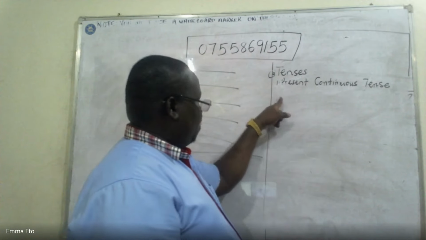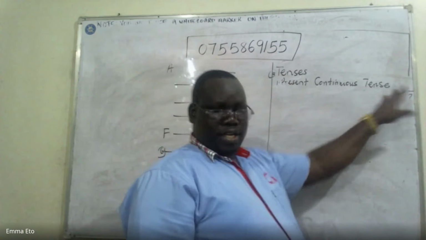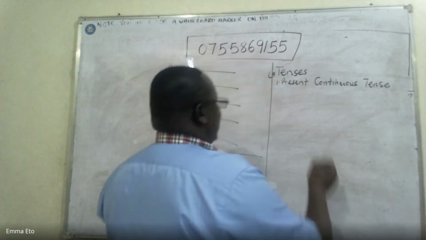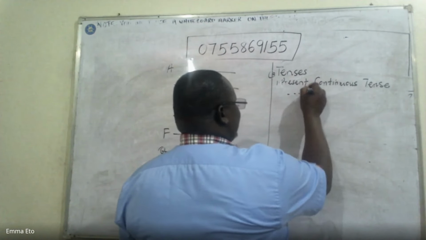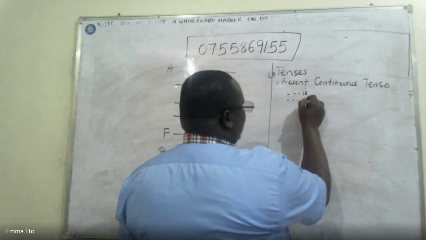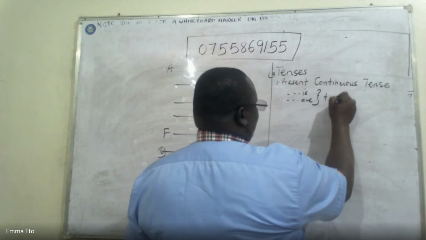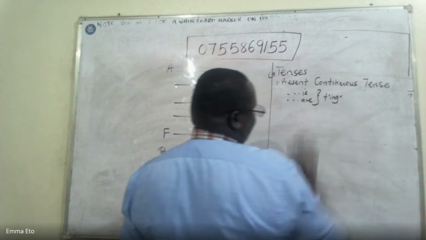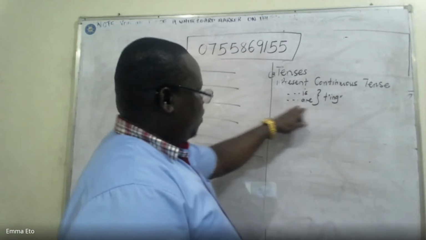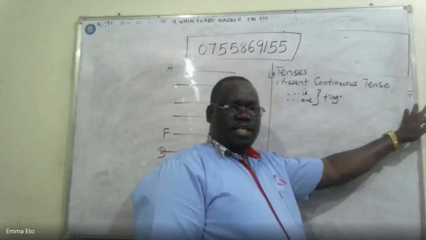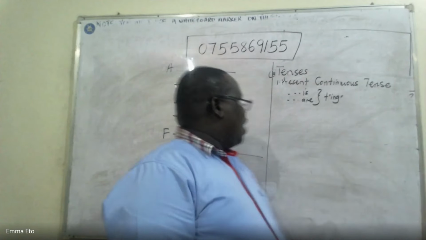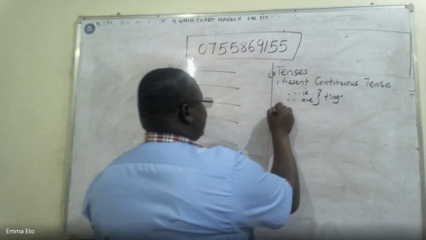Then you will say, children are writing examination. So here we shall use the helping verbs is or are plus ing onto the main verb. If the action started and it is still continuing.